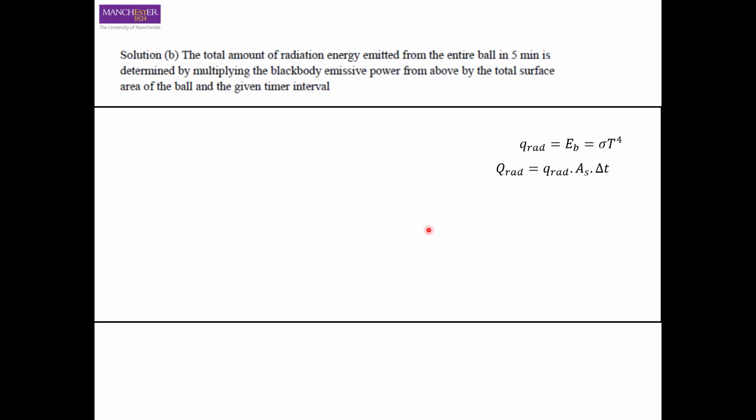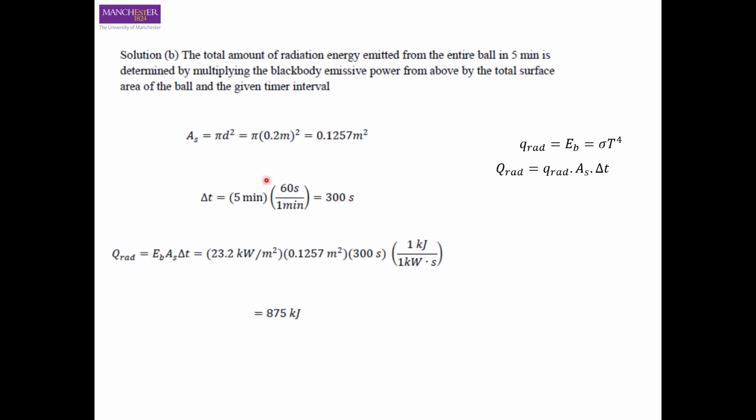Okay, so this is exactly what we did here. First we need to calculate the surface area of the ball. The surface area of the ball is 4 pi r square. And if you write it in the form of diameter, it will be pi d square. We know the diameter of the ball was 20 centimeters, so we need to convert it into meter, so it will be 0.2 meter.